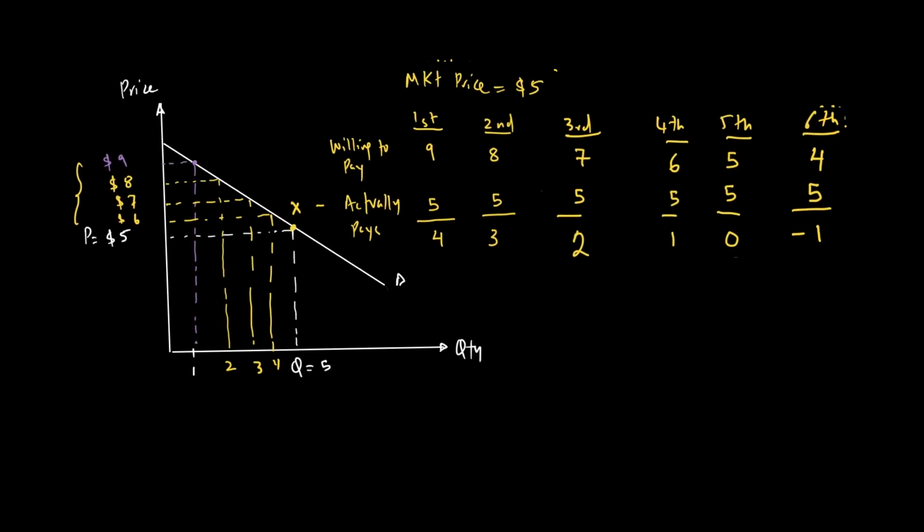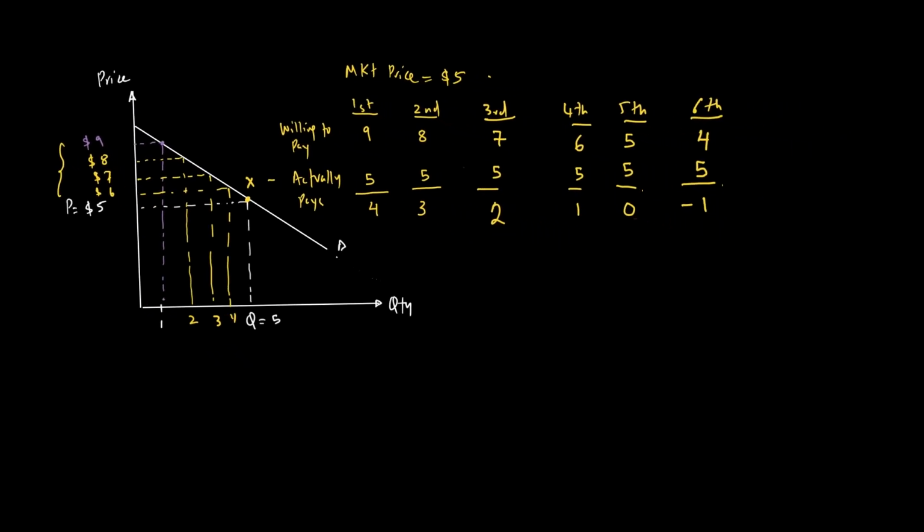What this means is that the difference between what I'm willing to pay and what I actually pay, we actually call that our marginal or extra consumer surplus. Why? Because it is telling us the consumer surplus for each and every unit. And since I will not buy a good where the consumer surplus is negative, why?